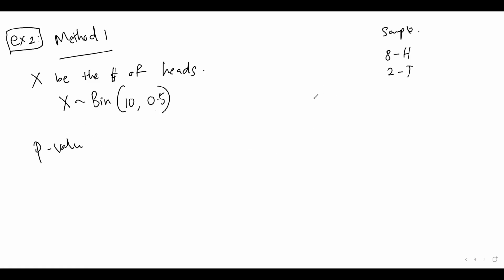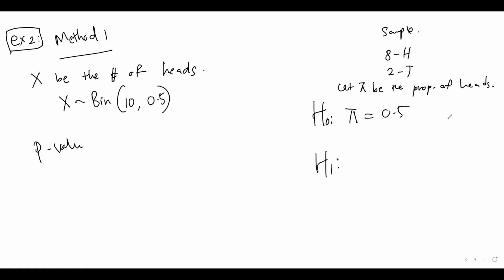Before that, what is our H0 and H1? Yes, the coin is unbiased, the coin is biased. But if we write it in mathematical terms, let pi be the proportion of heads. If it is unbiased, this should be the proportion. If it is biased, it cannot be.